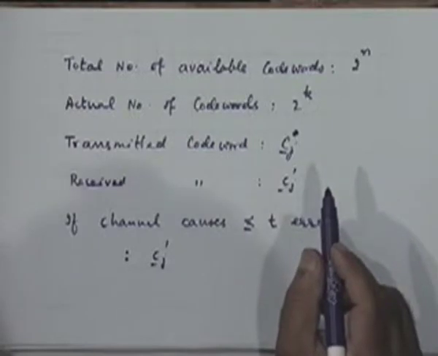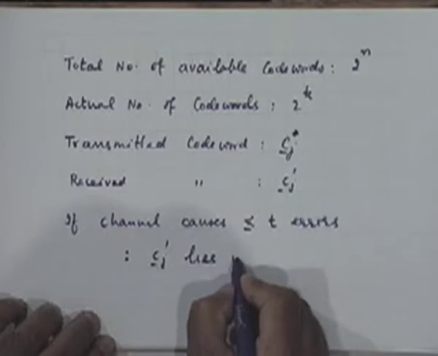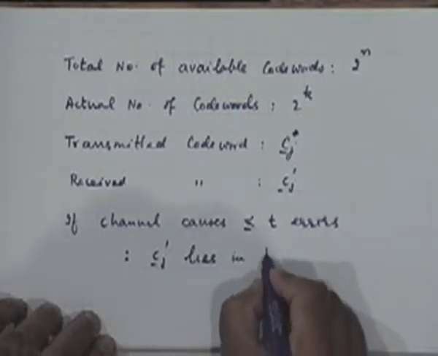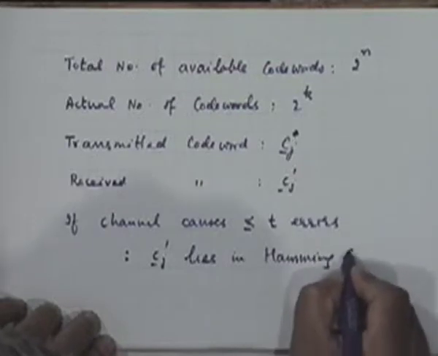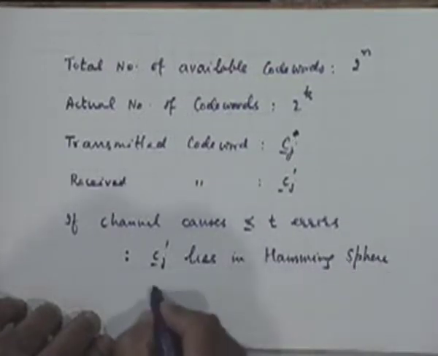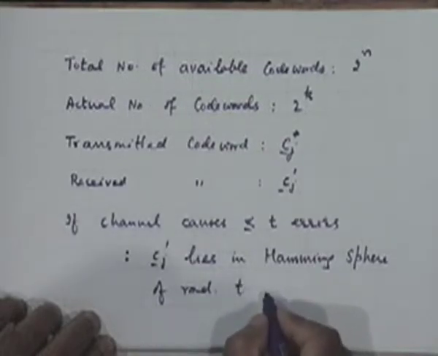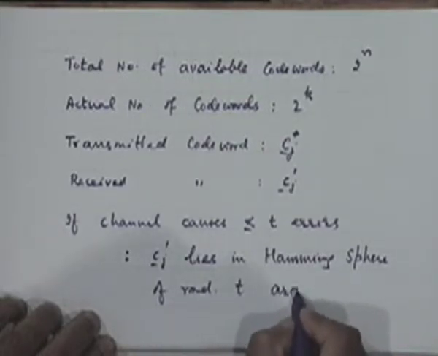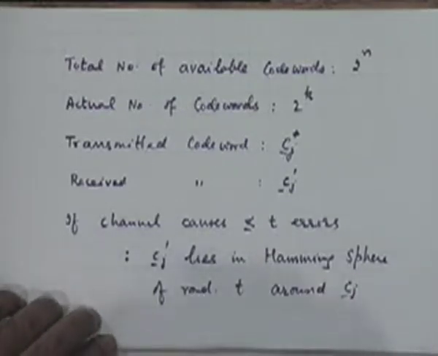Alright? Cj prime in that case lies within the Hamming sphere of radius t centered around the transmitted code word Cj, right?